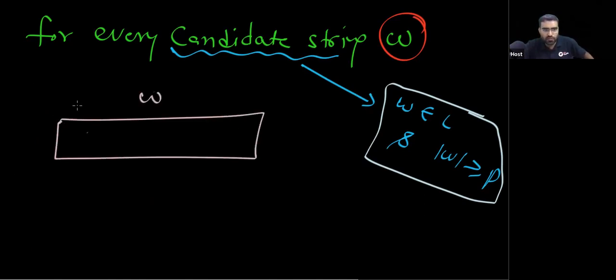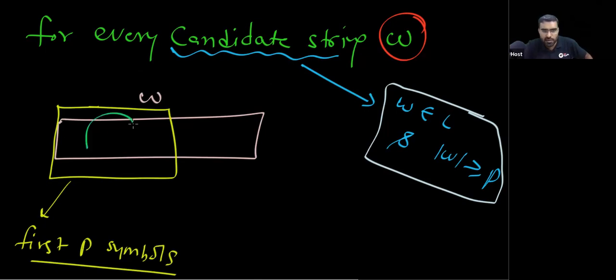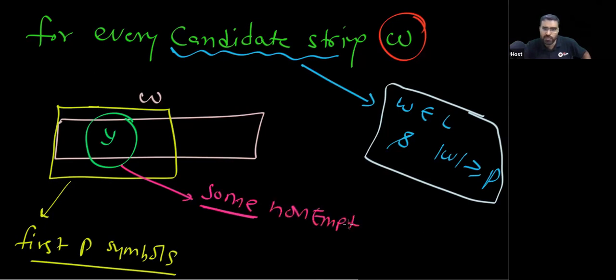Within the first P symbols in the beginning area, there will be some non-empty section which you can repeat any number of times, and the resulting string will belong to the language.